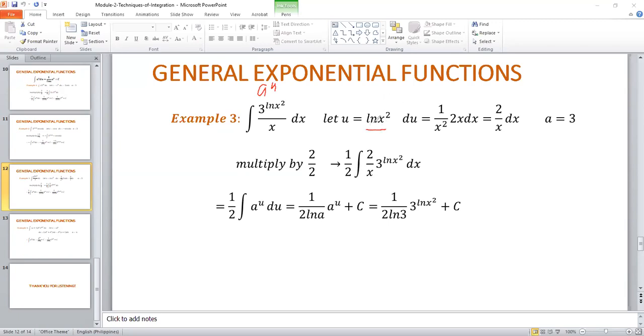The derivative of ln, we discussed a while ago, is du over u. The u of your ln is x squared. Don't confuse this u with the u of your a raised to u, because your a raised to u here has the u as the ln of x squared. But when we speak of the ln of x squared only, its u is x squared.